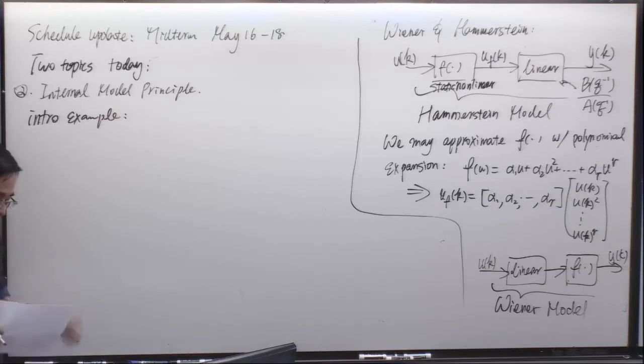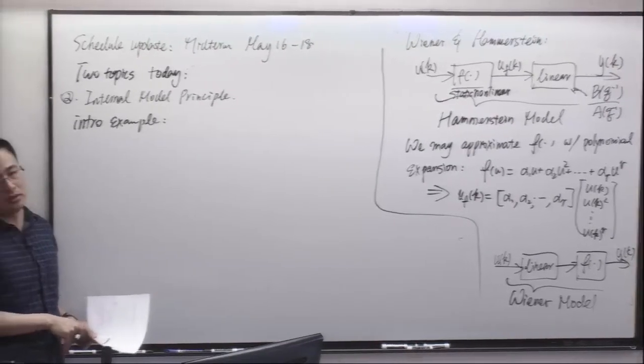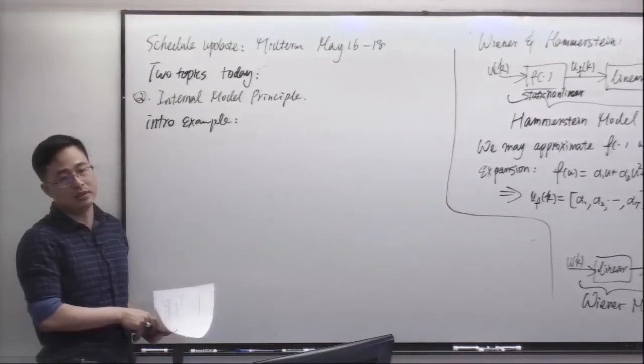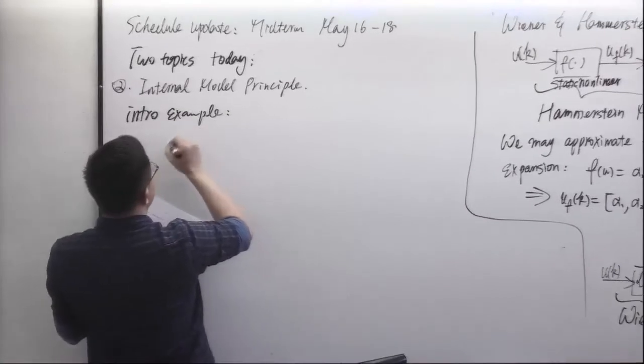You all know from your undergraduate control class, if you have a steady state error, then you can use integral control to remove the steady state error in a PID, right?